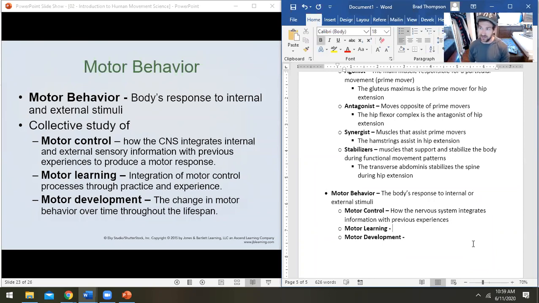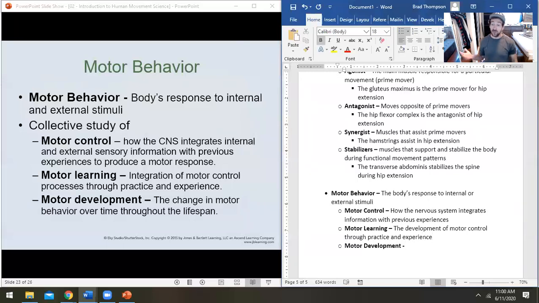And then the motor learning is how we get there, right? That is the development of motor control through practice and experience. You are constantly motor learning, which is giving you whatever type of motor control you have.